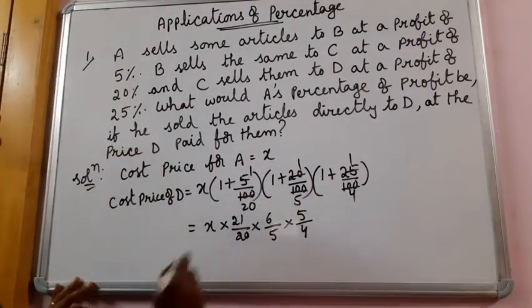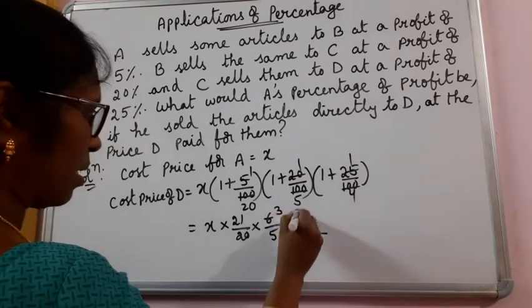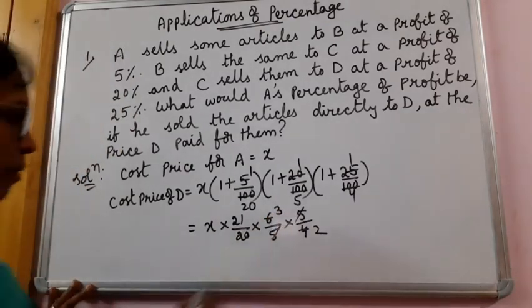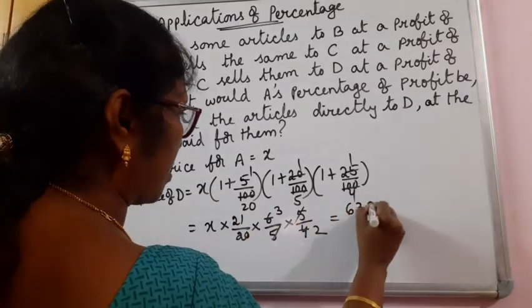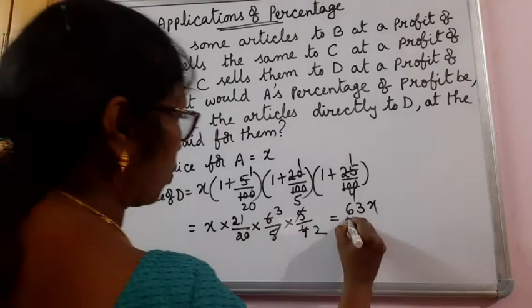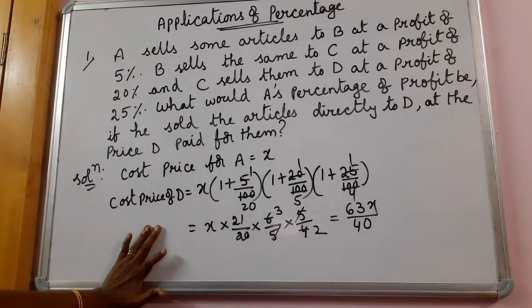Okay? So again we can cancel, 2 2s are 4, 5 is cancelled. We'll get 21 3s are 63X by 2 2s are 40. So this is the cost price of D.